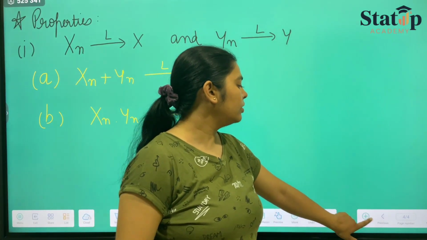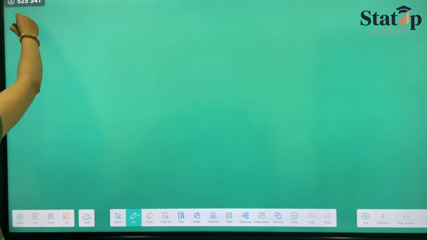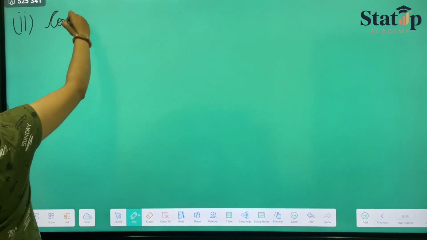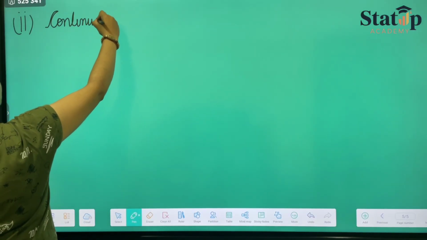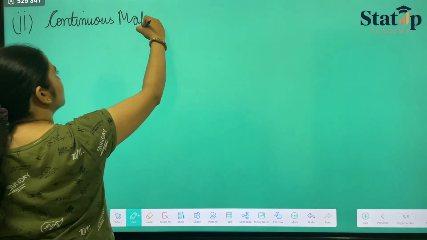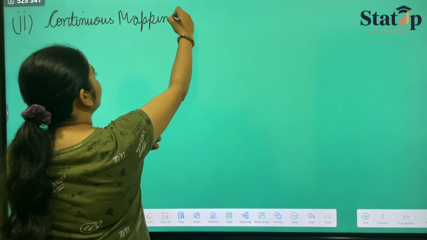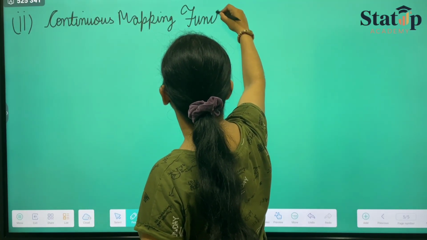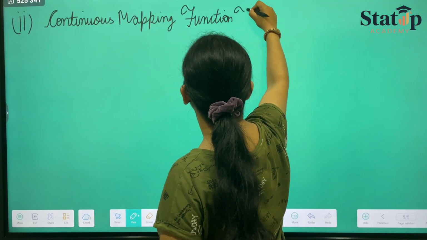Now if we talk about the second property, it is the continuous mapping theorem. This we did in the first law as well, the mapping function theorem.